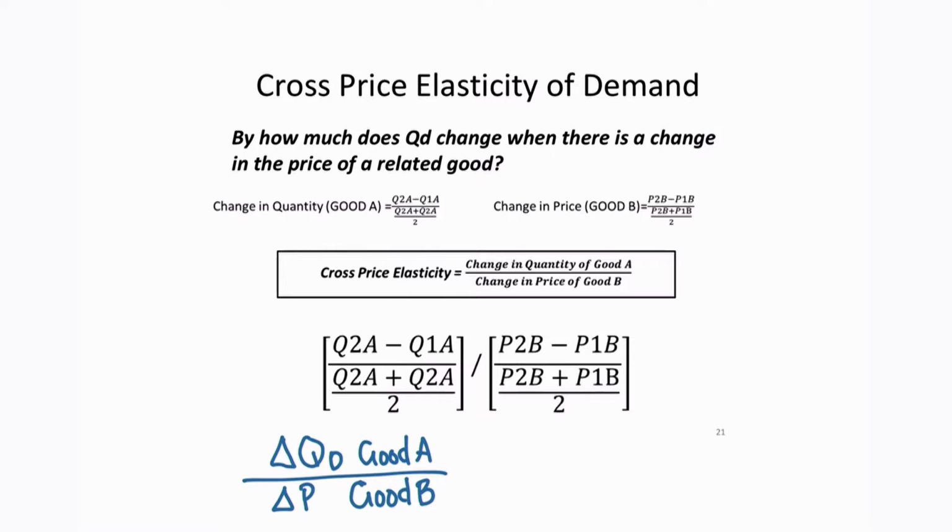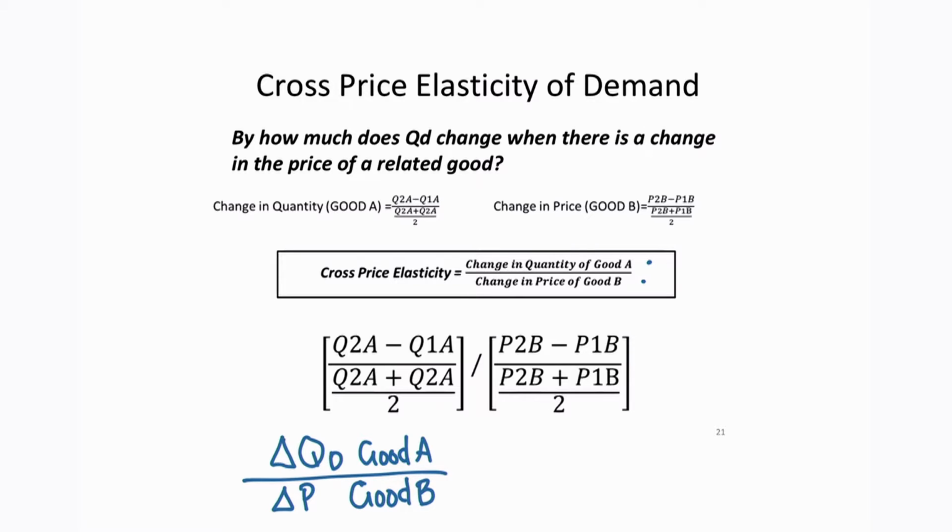And this will all be divided by the change in the price of good B. So P2 for good B minus P1 for good B divided by P2 for good B plus P1 for good B divided by 2.